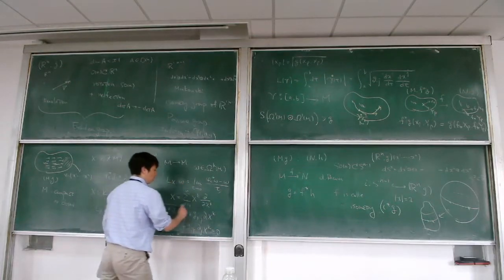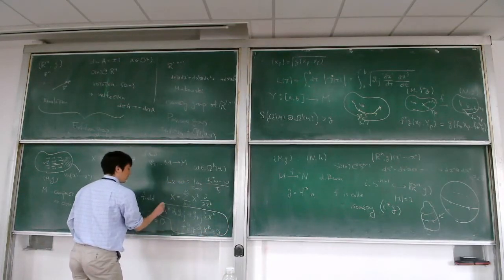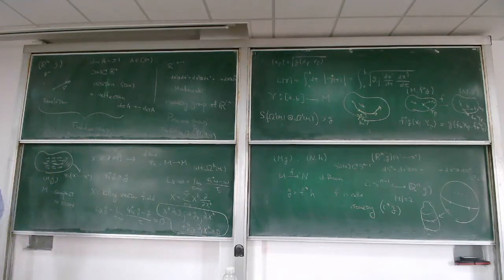So this is the local expression using local coordinates, and this is the condition for a Killing vector field.